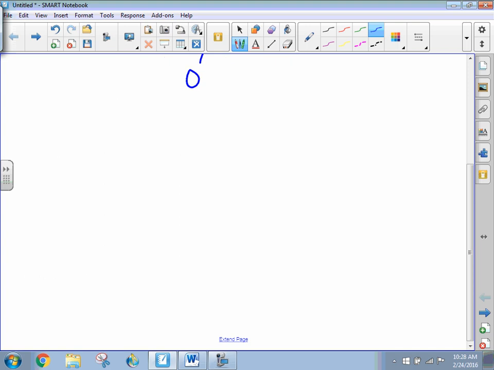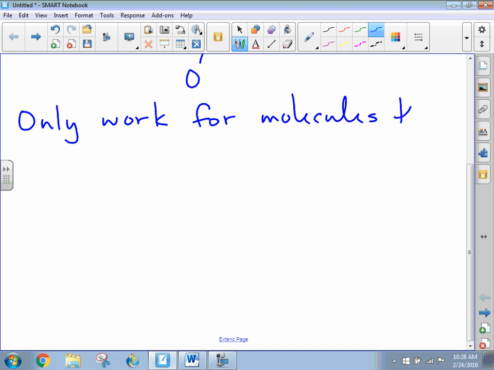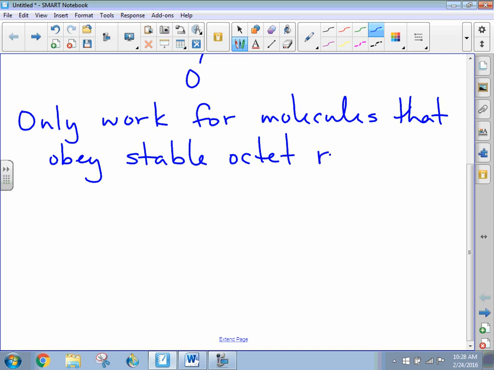Okay, so the math that we're about to do in these step-by-step processes only works for covalent molecules or molecular bonds that obey the stable octet rule. In grade 11, that's everything we're going to do.